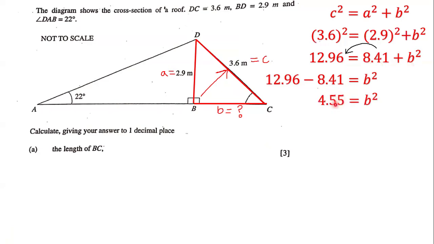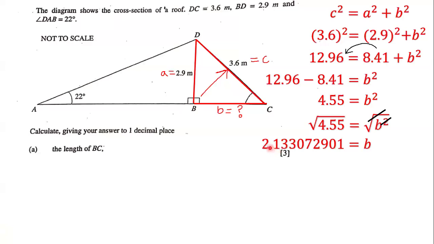Now we have to take the square root of both sides of this equation. And when we do that, we have the square root of 4.55 is equal to the square root of B squared. This cancels with that. And so we are left with B is equal to 2.133072901. That is the square root of 4.55.